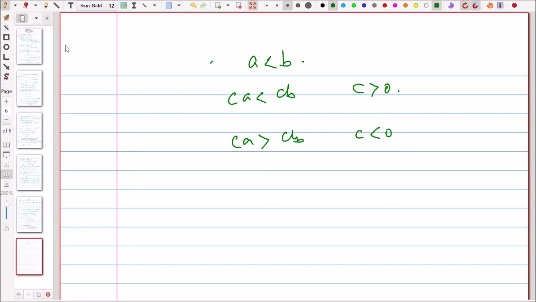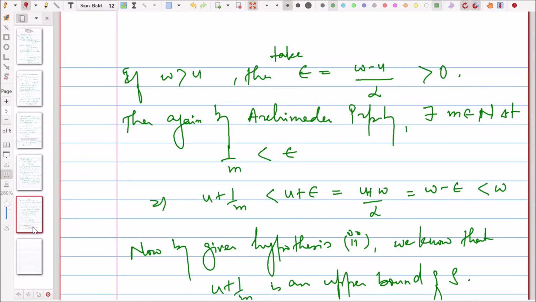Similarly, if you take a positive term outside or inside, there will be no change: infimum will remain infimum, supremum will remain supremum. But if we take the minus sign outside or inside, then supremum will become infimum and infimum will become supremum. This is what we need to show.